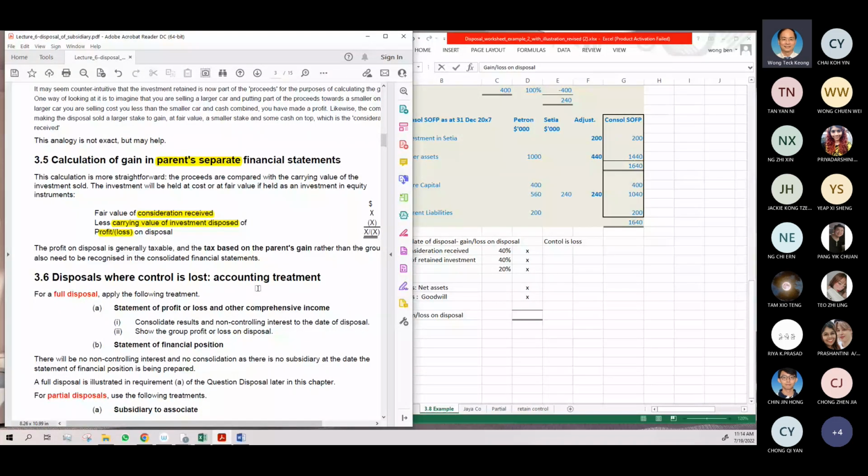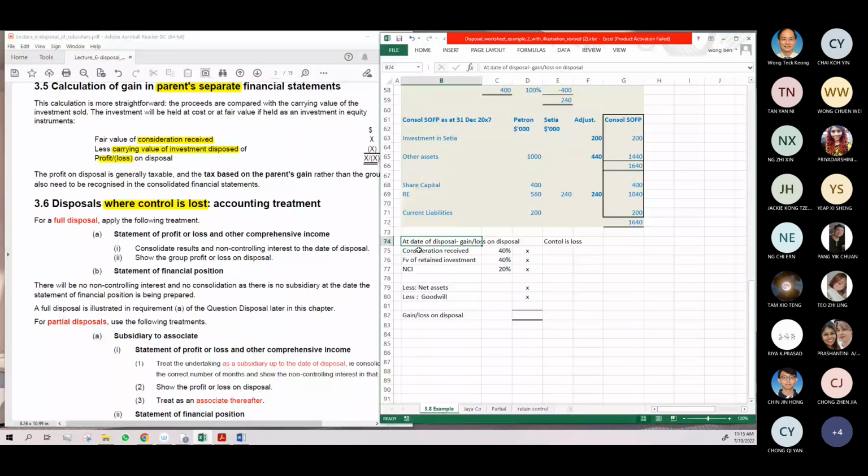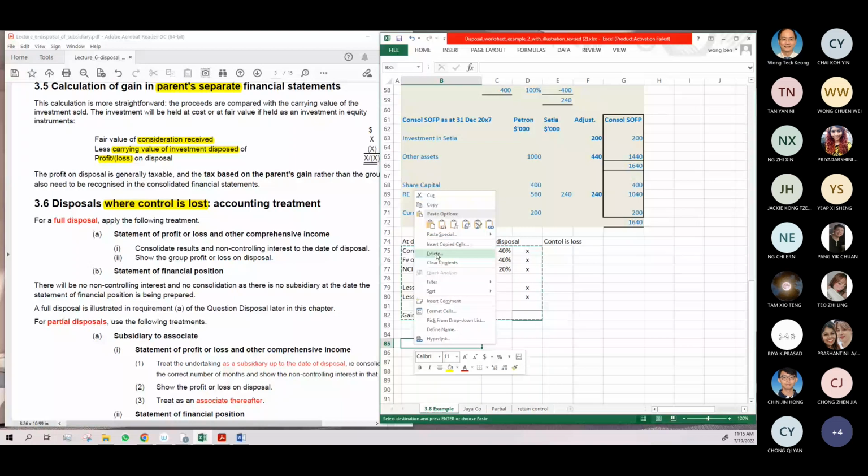So now we go for when control is lost. Okay. First type is full disposal. The other way control is lost is partial disposal. I'll give you an example here. I'll give you one more in a full disposal. So for full disposal, they say dispose of everything.